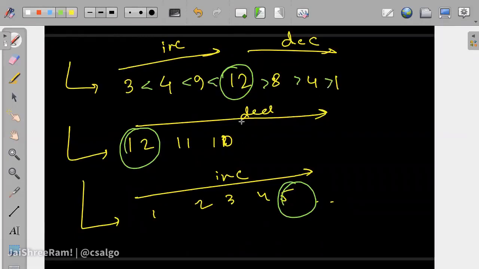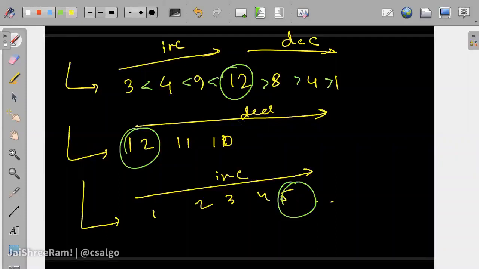In the binary search domain, most of the things would be strict in most scenarios. So whenever we talk about increasing or decreasing, just assume for this session that we are talking about strictly increasing and strictly decreasing. So you need to find the largest element in the bitonic sequence.